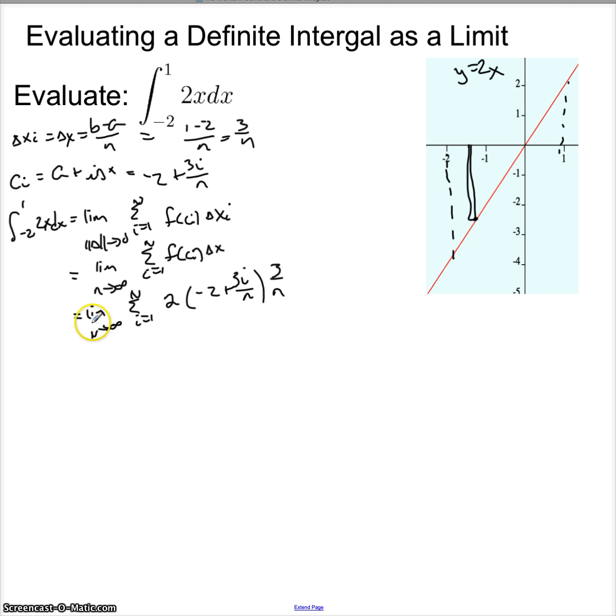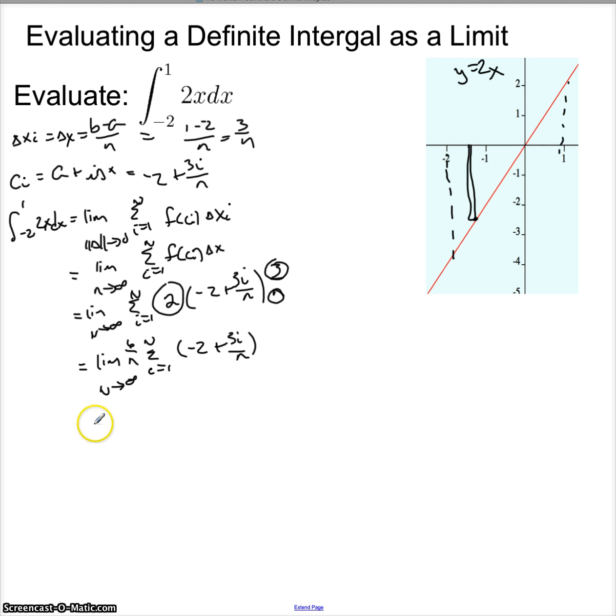So this is the limit as n goes to infinity of the summation i equals 1 to n. Now I'm going to factor out the 2 times 3 over n, which is 6 over n, and put it out here. Now this is -2 plus 3i over n.